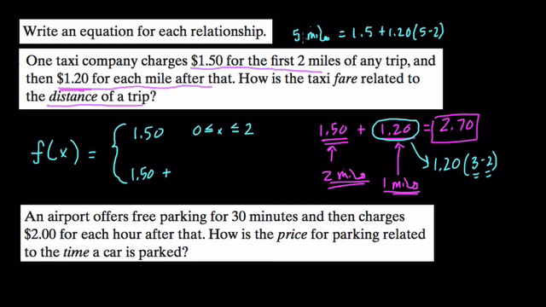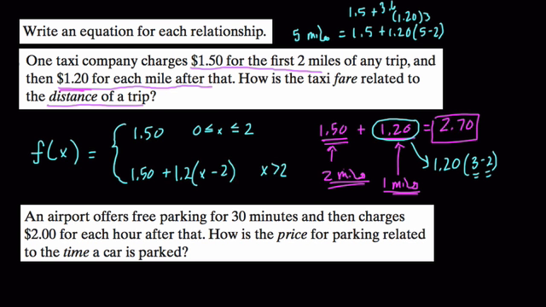So it's $1.50 plus 3 times $1.20. That's $3.60, and you can add these two up to get $5.10. So that's how this equation works. Each time, we're taking 1.2 and multiplying it by x minus 2, and that's when x is greater than 2.